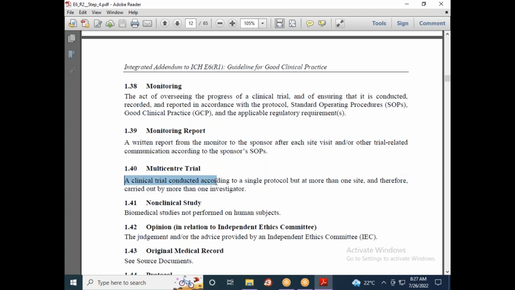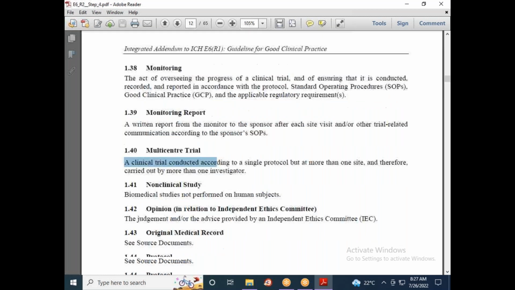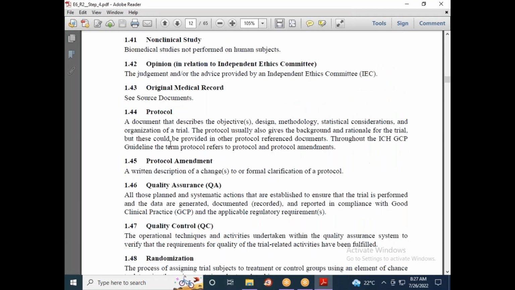Multi-center trial: whenever we are conducting a clinical trial at multiple places. Suppose I want 10,000 cancer patients. Can I get all 10,000 cancer patients at one site? No, right? So I have to conduct this trial at multiple places, a multi-center trial. Protocol, read the definition.